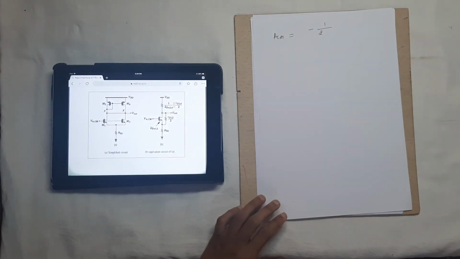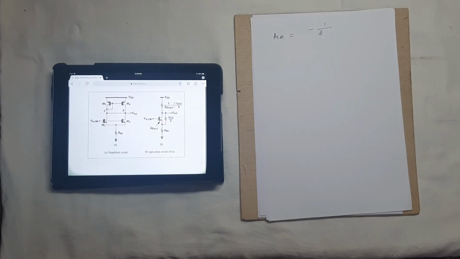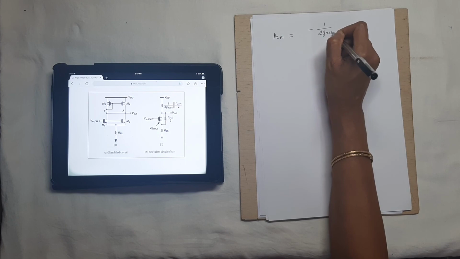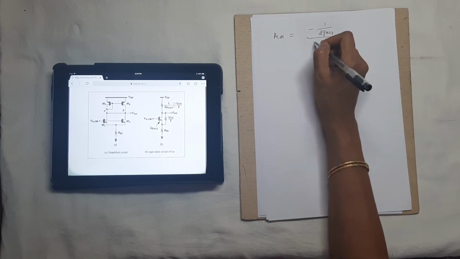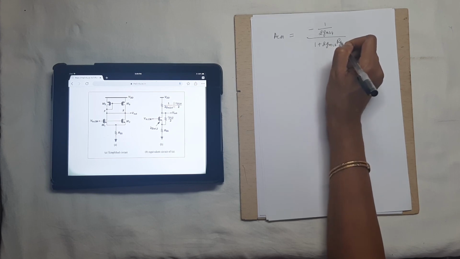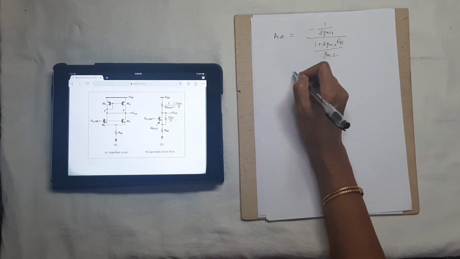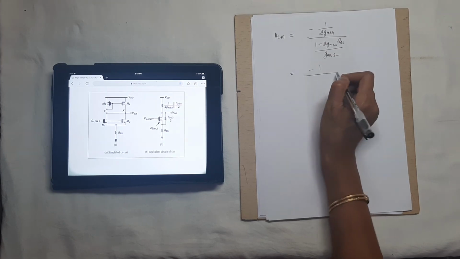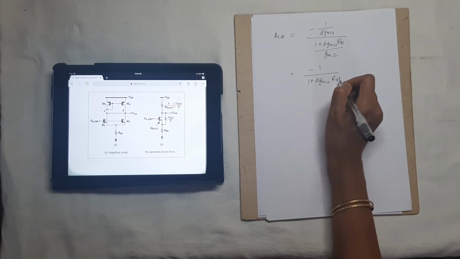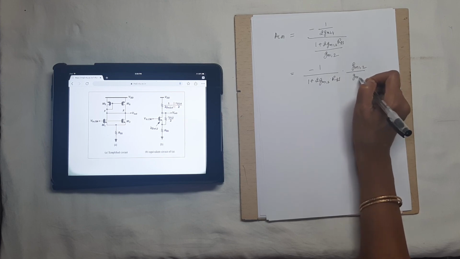Let us simplify this particular expression: minus 2 GM34 divided by 1 plus 2 GM12 into RSS divided by GM12. This is equal to minus 1 divided by 1 plus 2 GM12 multiplied by RSS, into GM12 divided by GM34.